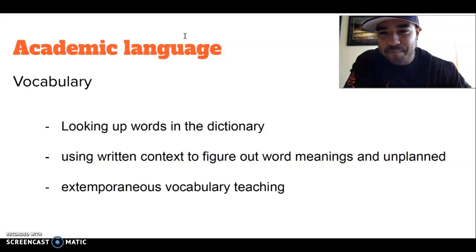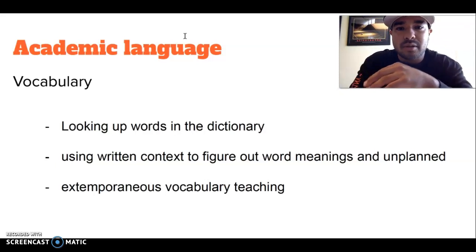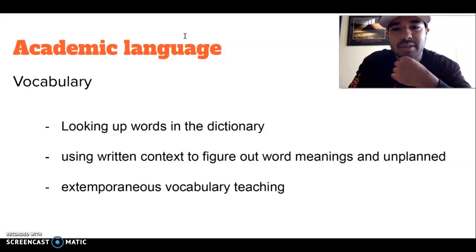But anyways, looking up words in the dictionary, using context to figure out word meanings, and extemporaneous vocabulary teaching. Those are the three things that, as a teacher, you do want to do, but you want to make sure you're planning and it's more supplemental and supporting, but that's not how you want to teach your class.